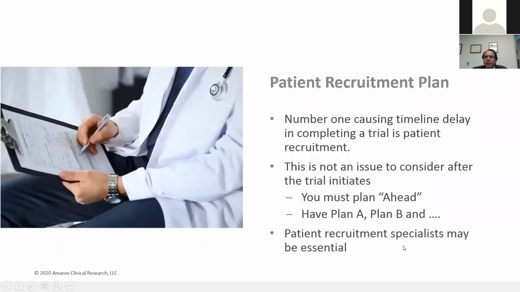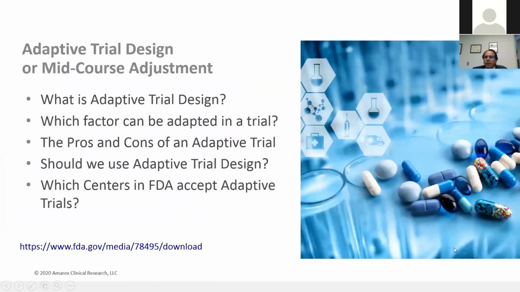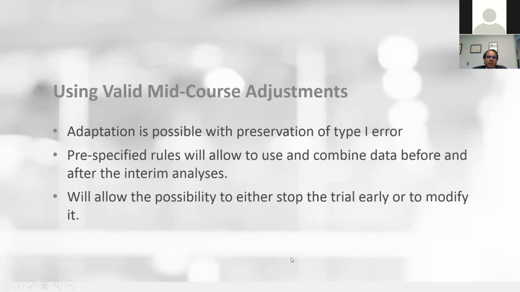That way you are more comfortable that the site you are allowing to have more than the number of patients that you need is valid, with no issue with that site at the end.